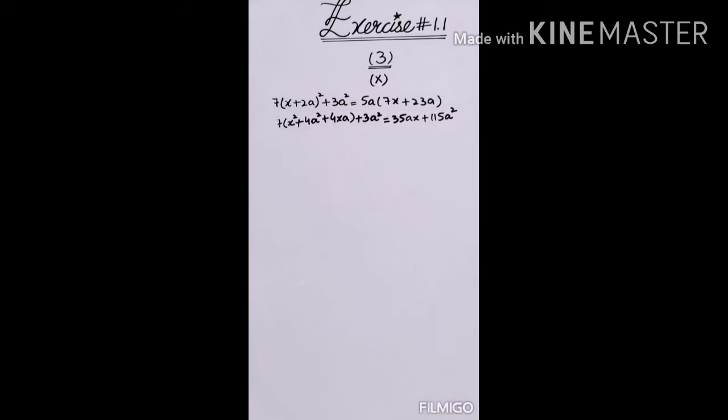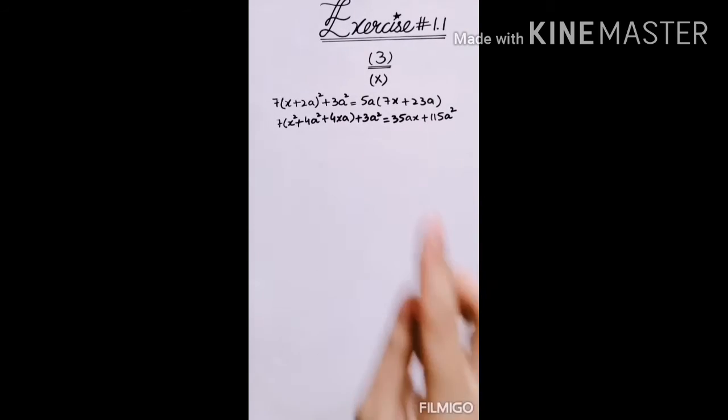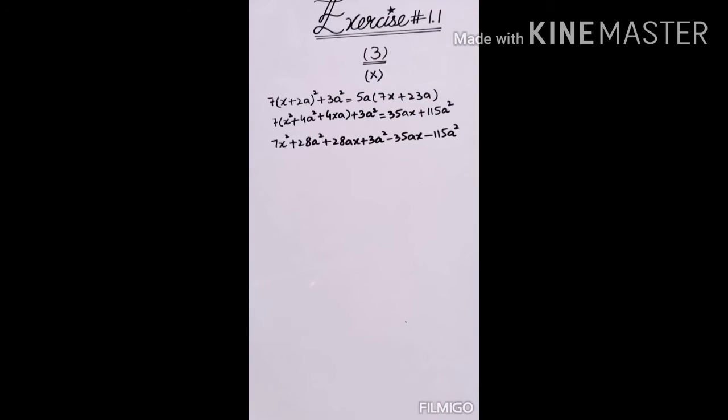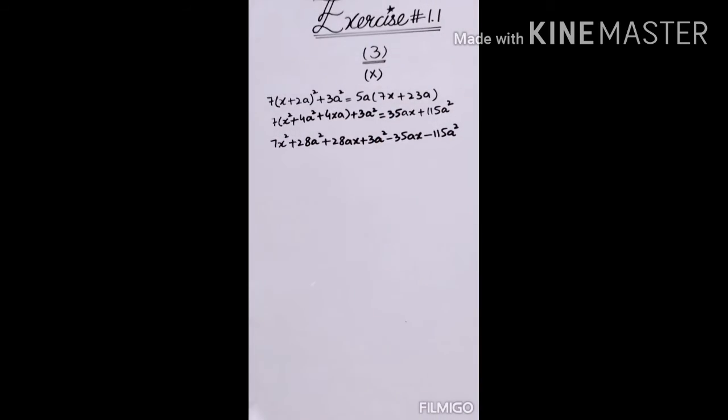Now shift all the constants on one side. First I will multiply 7 inside with all the terms and I will shift all the constants on one side. Now I have multiplied 7 inside with all the terms and I have shifted these two terms on one side of equality. On the right side there will be 0.